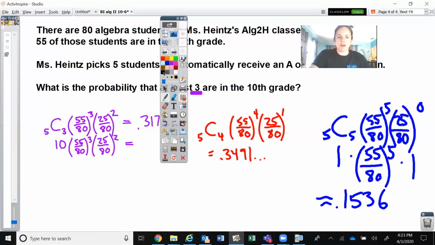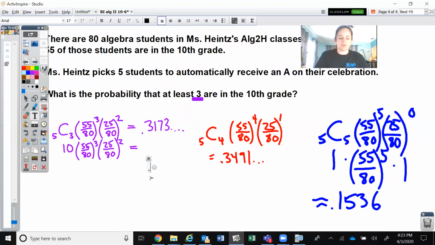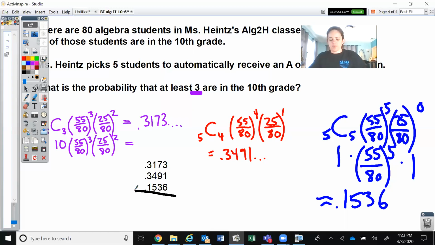So notice then, if I want at least 3 to be in the 10th grade, then that means 3, 4, or 5. So I would simply add all those up, and I would say, all right, so then what is 0.3173 plus 0.3491 plus 0.1536? There we go, and we'll add all those up.